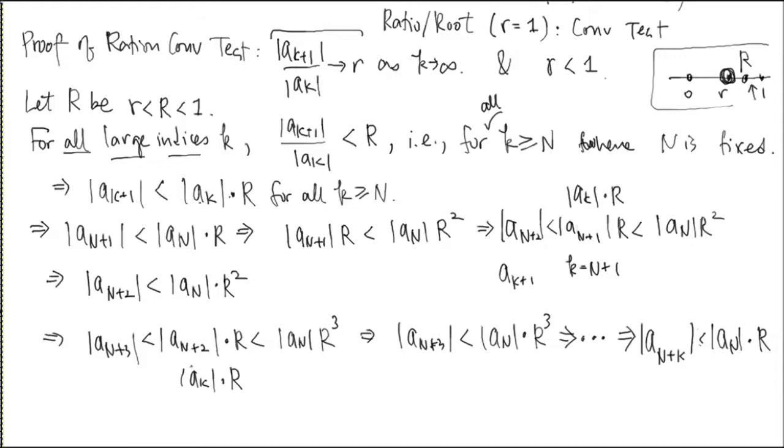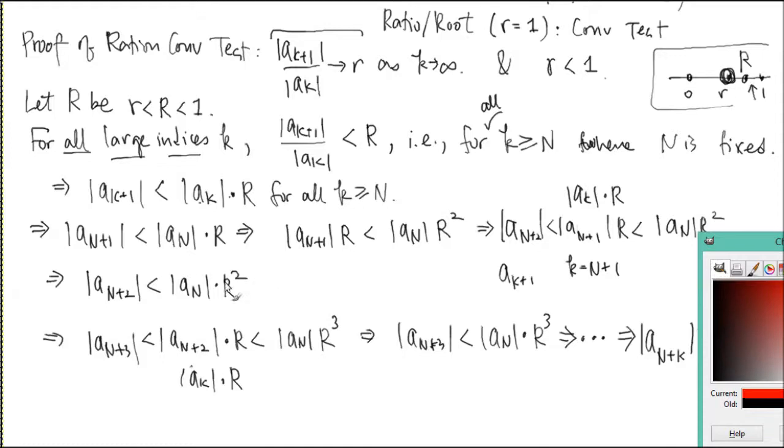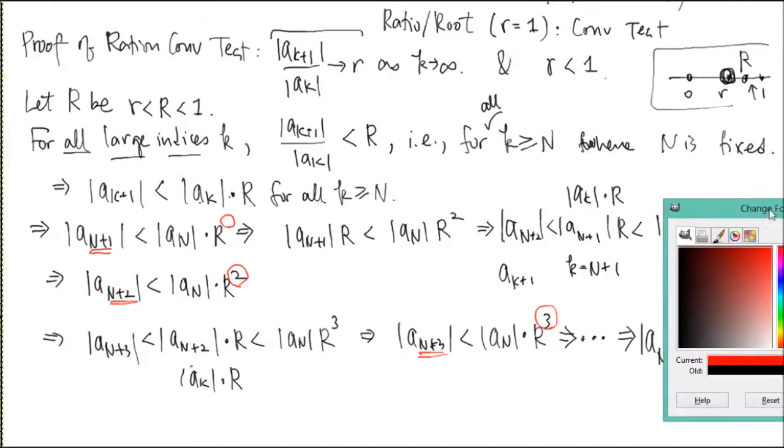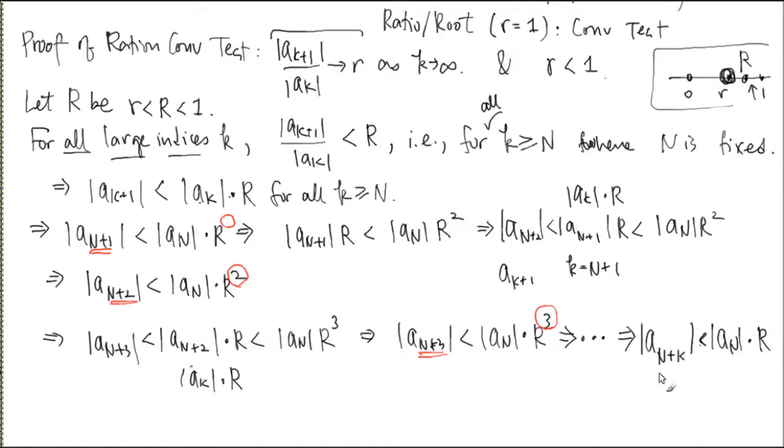So I want you to look at these previous 3 examples and figure out the relationship between the index right next to the capital N plus this thing versus the exponent of r. What do you see? Here is the first one, exponent of r here. And here's the second one, exponent of r. And here's the third one, exponent of r. Right? So here is the general one, N plus k, and what is the exponent? Seems like it's k, right?